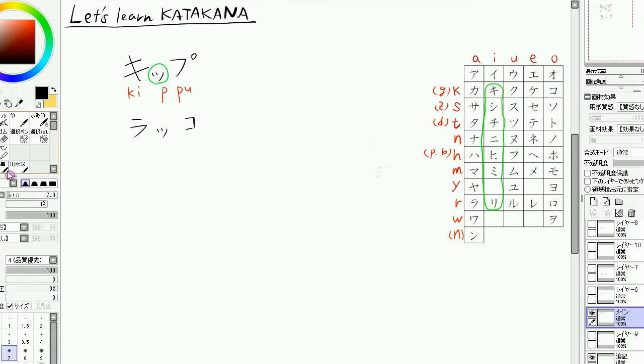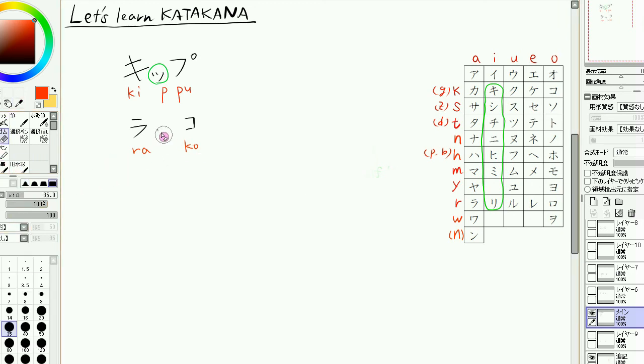So let's try other examples. How do you read this? We write ra, and the next one is ko, right? So we put another k here, and it goes rakko. If it weren't for this, it's rako, but with this, it's rakko.